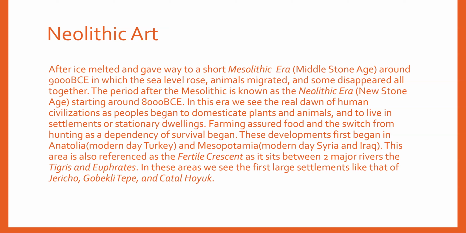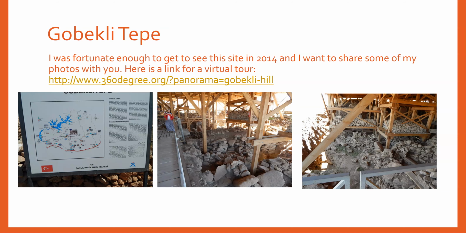It's a large settlement that was definitely visited over a long period of time, but there was no agriculture at that moment. So maybe people were living in settlements before they had sustainable food sources. Anyway, I'm going to show you my own personal slides because I got to visit this, and this is in Turkey.